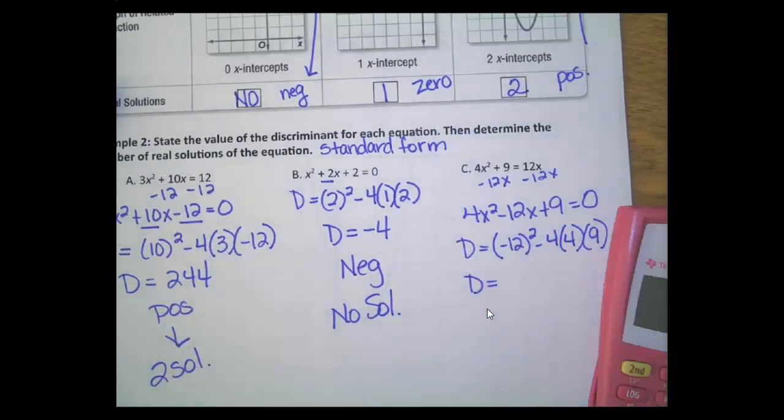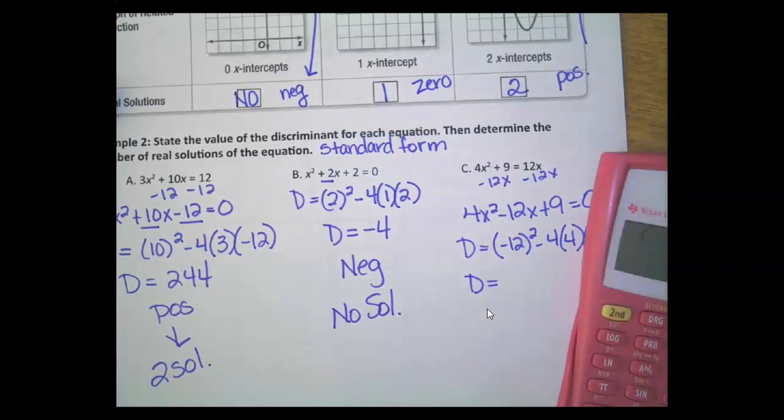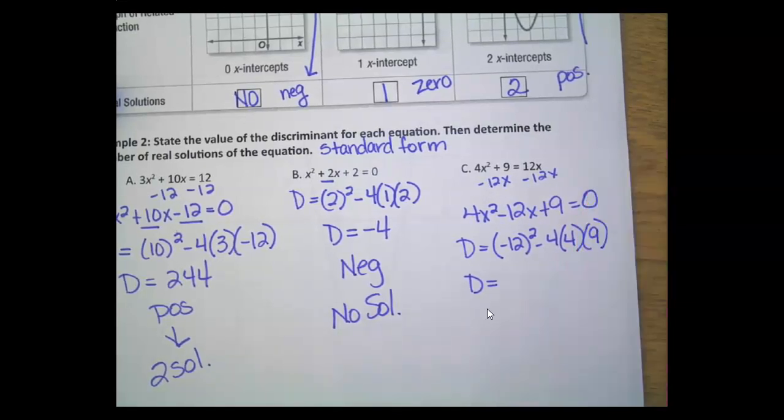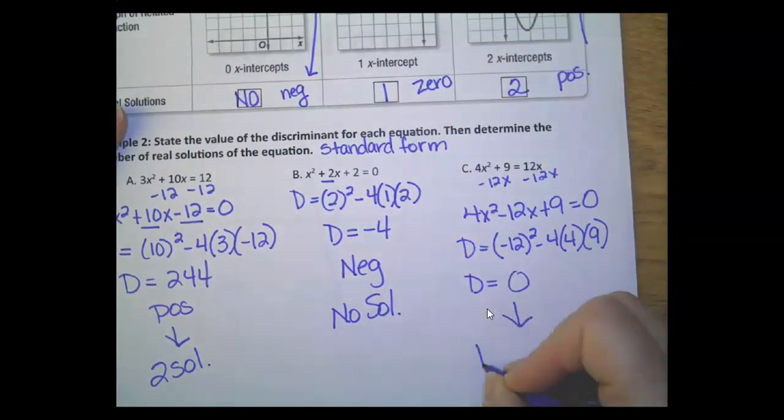I'm going to punch that into my calculator. I get 0. If I have 0, I have one solution.